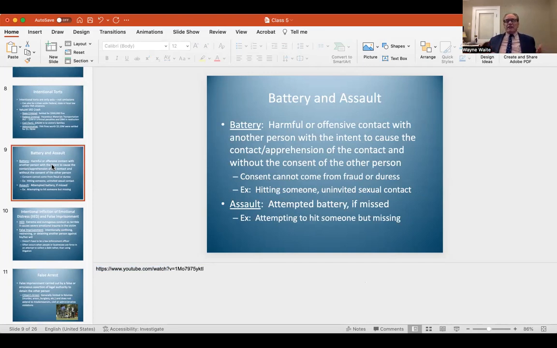And consent cannot come from fraud or duress. Examples of battery can be hitting someone, uninvited sexual conduct, molestation, rape can be a type of battery. Assault can be attempted battery if missed. So an assault is attempting to hit somebody but missing. I think assault can also be a physical contact, to tell you the truth. So I would disagree a little bit with that definition there.